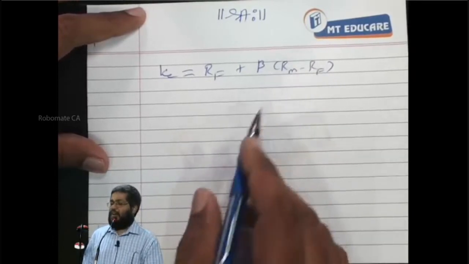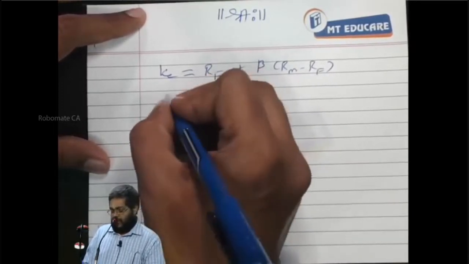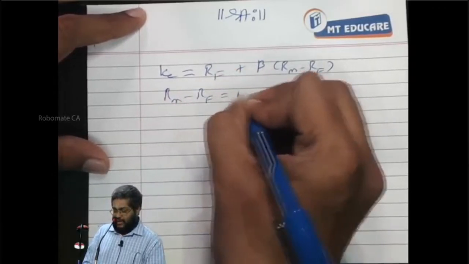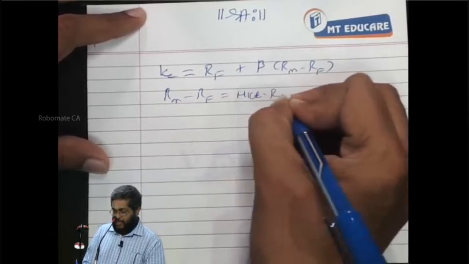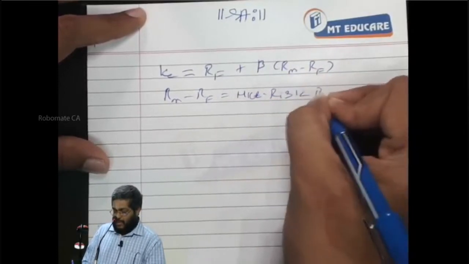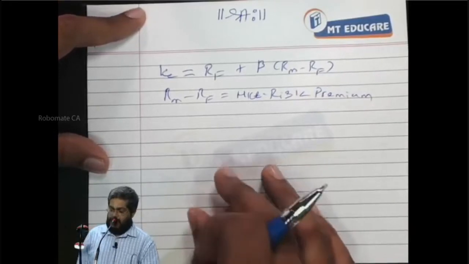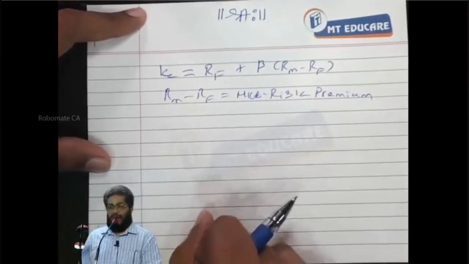RM minus RF is called the market risk premium.